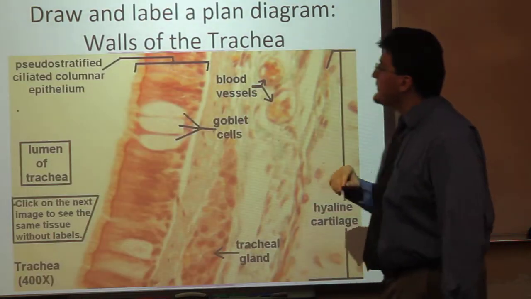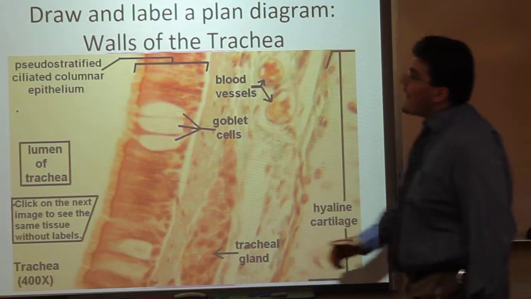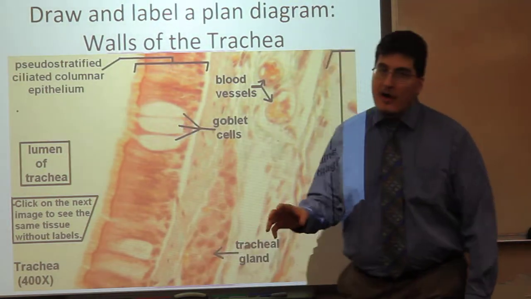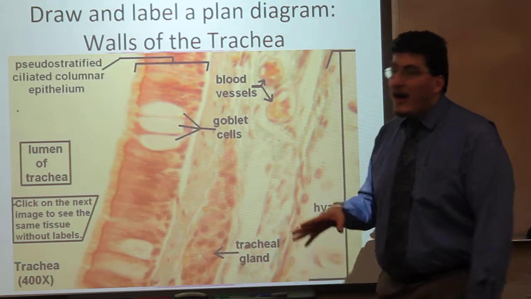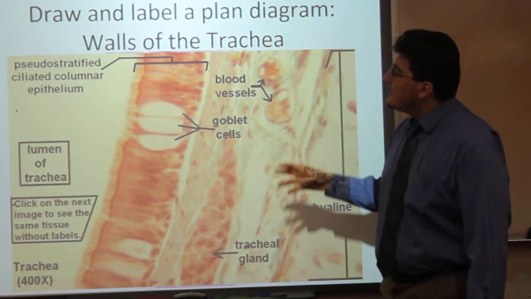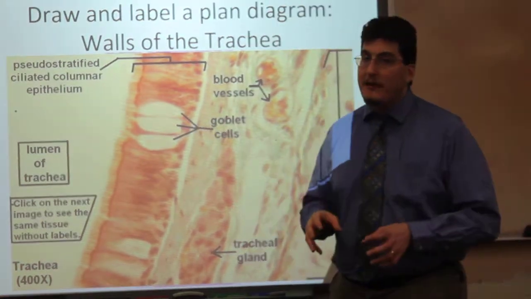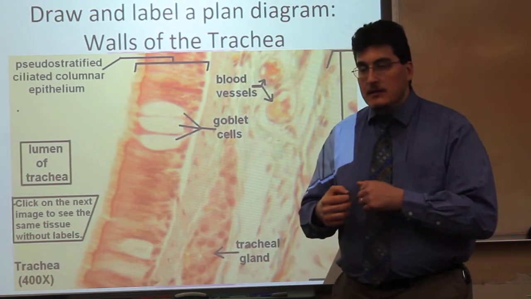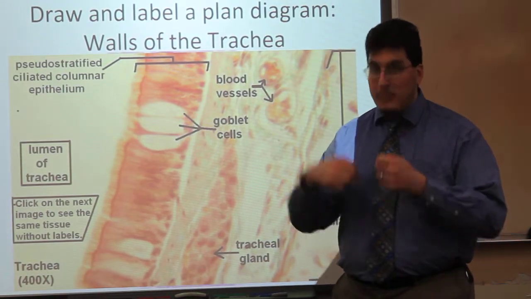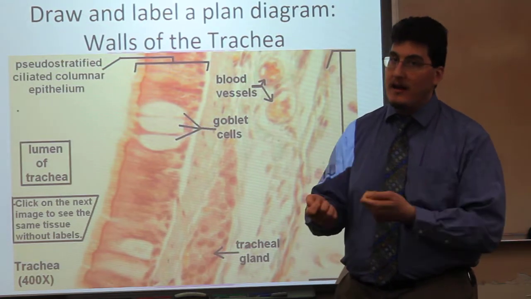We're going to close up now and show our pseudostratified columnar epithelium. Now, if that's a mouthful to you, that's fine. Just know that pseudostratified looks like it has multiple layers, but it doesn't. It is just one layer.